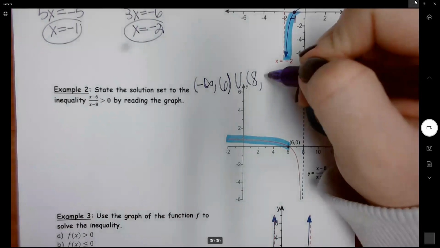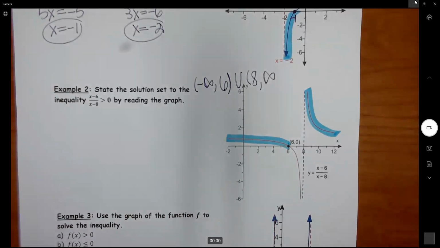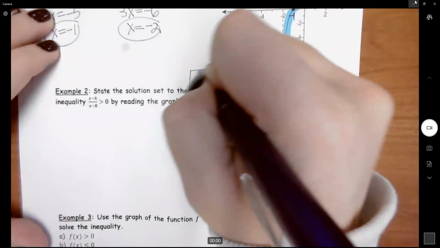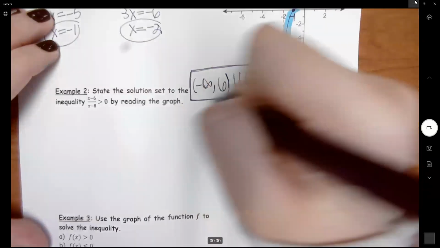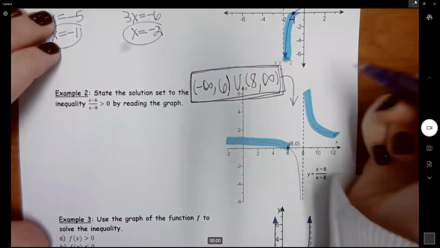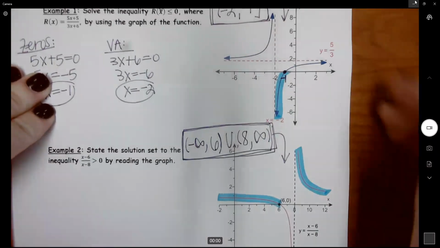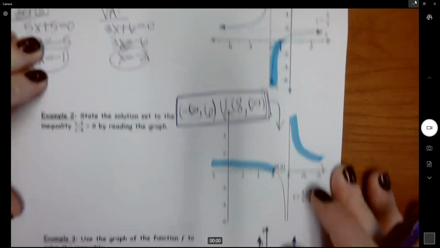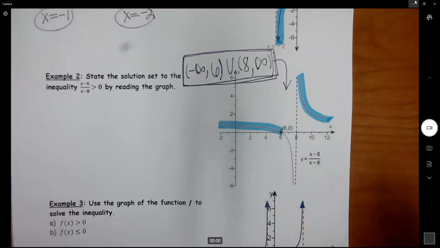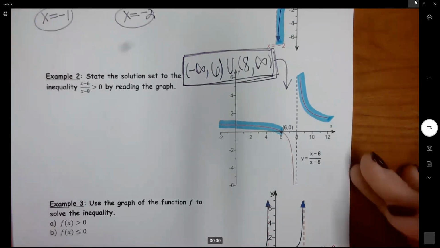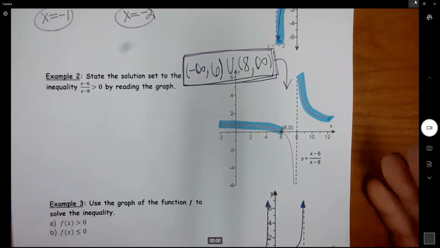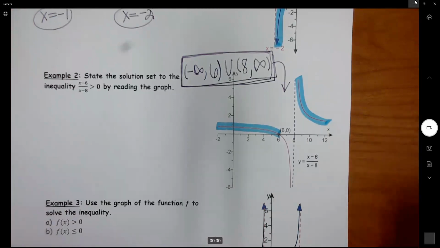And then it's going to keep going forever in the positive direction. So this is my answer to this graph. Again, this is all we have to do for this because we get to have the graph, and graphs are nice, visual, and easy.